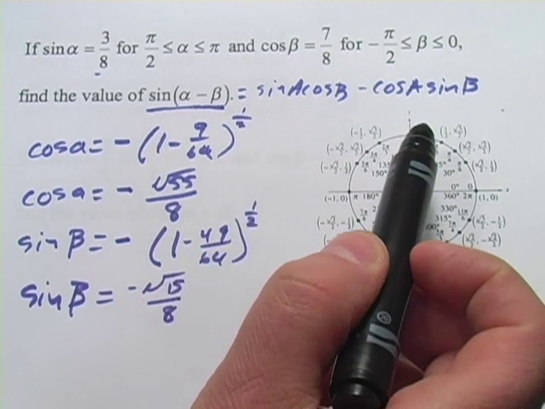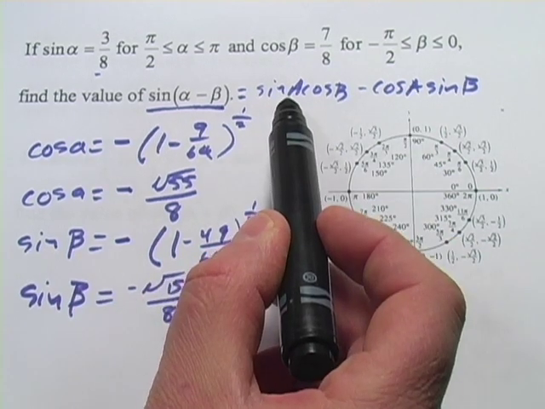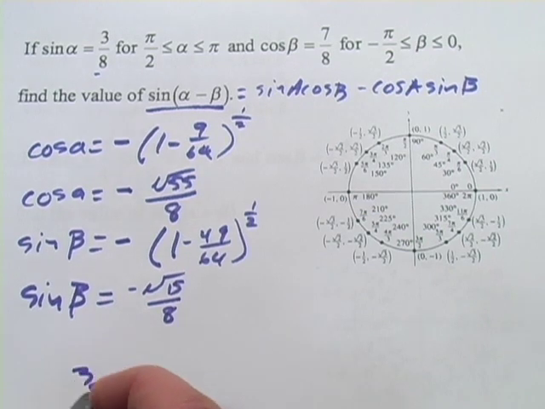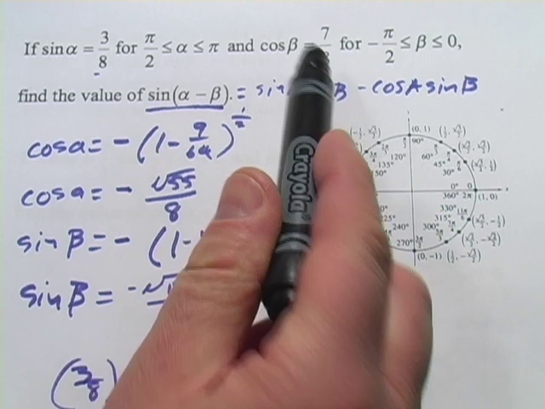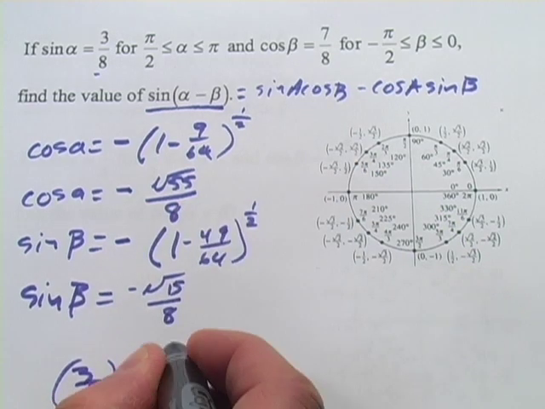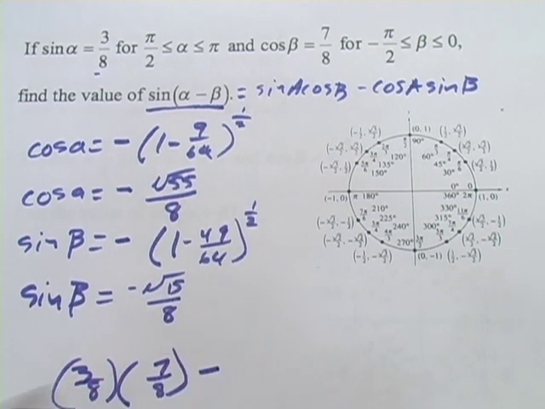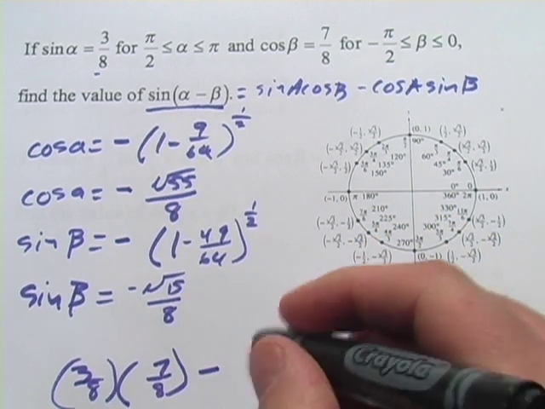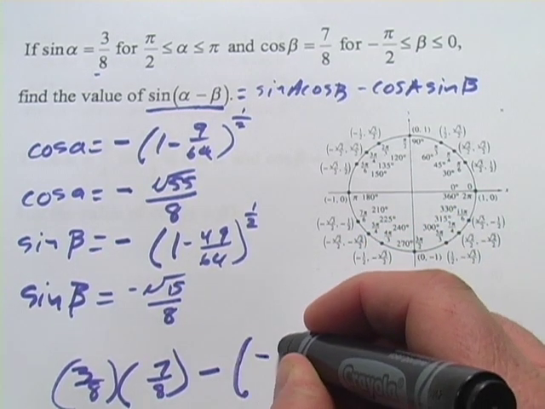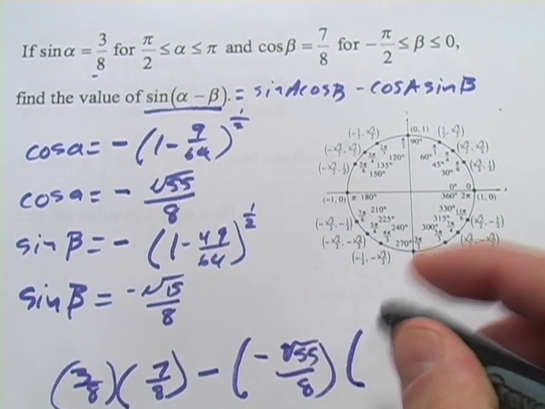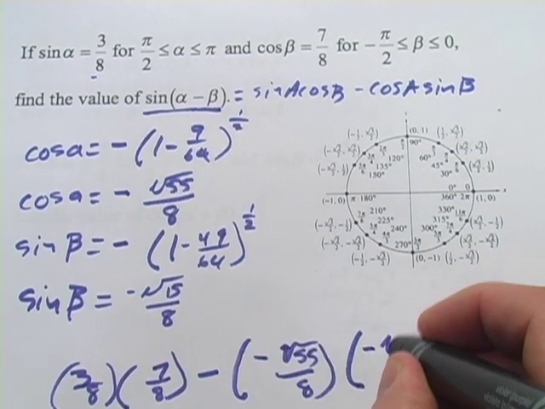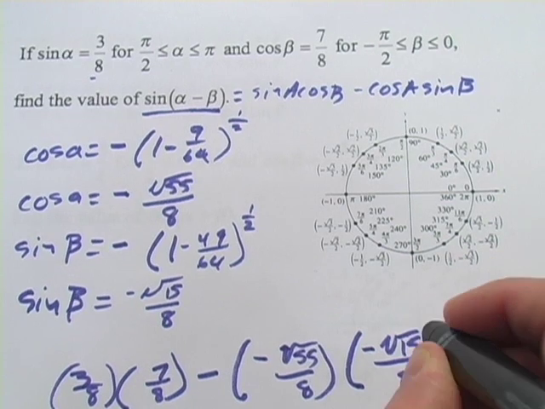Let's plug them in up here. So the sine of alpha is 3/8, and the cosine of beta is 7/8, minus the cosine of alpha, which is negative square root of 55 over 8, times the sine of beta, which is negative square root of 15 over 8.